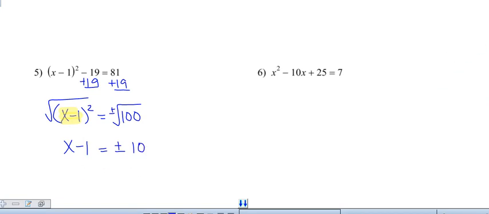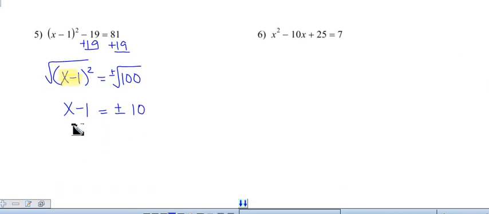Now in a problem like this, I am going to add 1 to both sides so that I can move it to the other side. But you're going to want to put this 1 in front of the plus or minus sign. So I've got x equals 1 plus or minus 10.